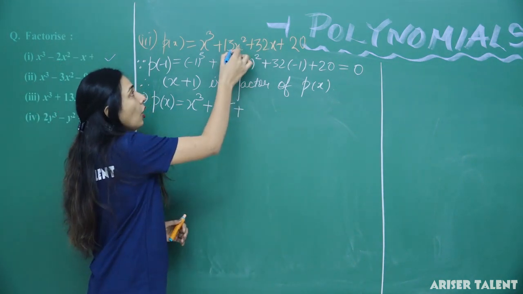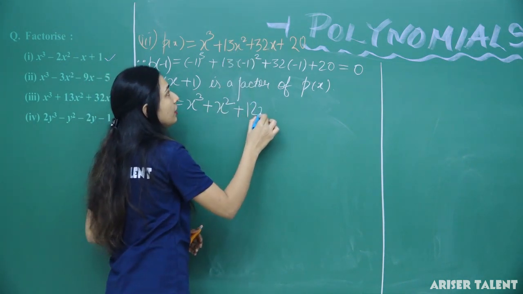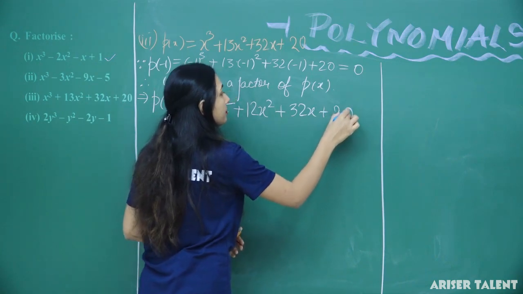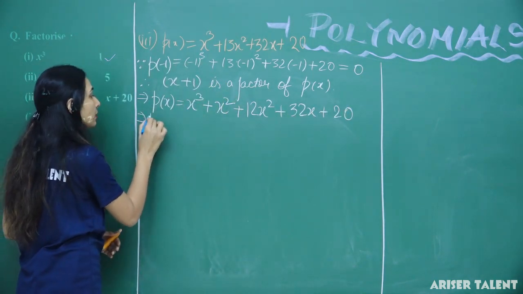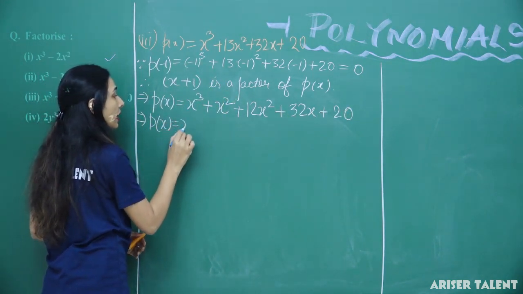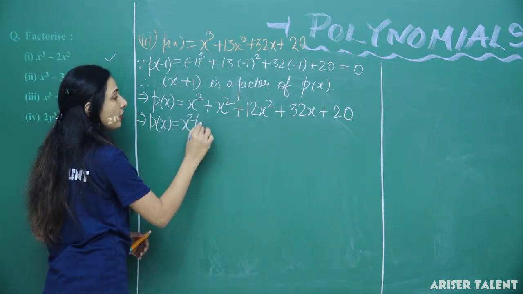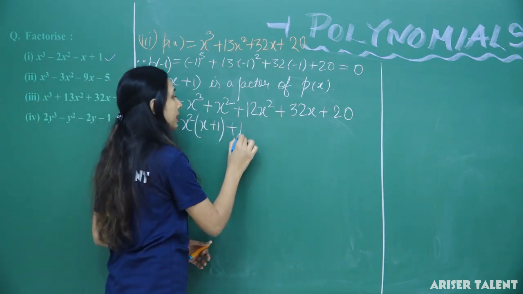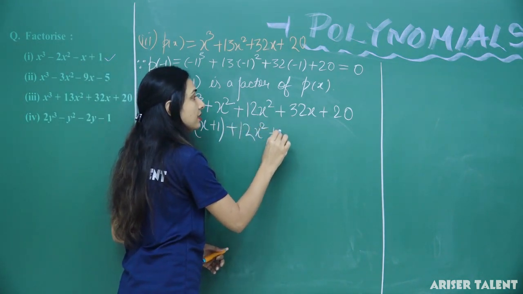Now again, how much is remaining? 12x square is remaining, 12x square plus 32x plus 20 here. That means p(x) will become x square common, x plus 1 there, plus 12x square plus 32x.